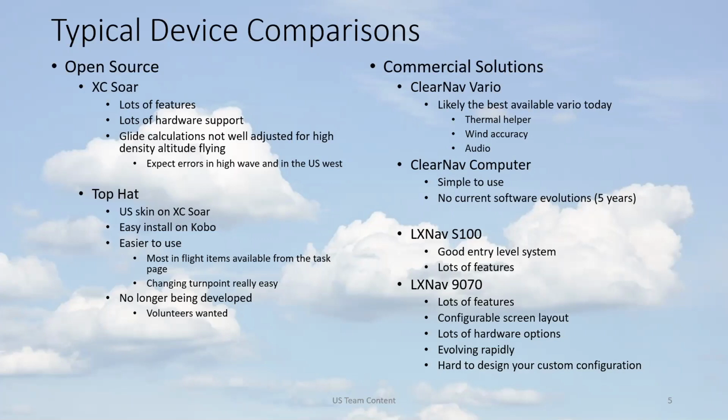And I use SkySight for planning all my flights, and sometimes I think on a blue day it would be really nice to have where SkySight thought the blue streets were going to be on the moving map, and you can actually get that on the LX 9070. So if you have the money to spare, you certainly get a lot of value from that instrument. Like I said, the downside is it takes quite a long time to get used to it.